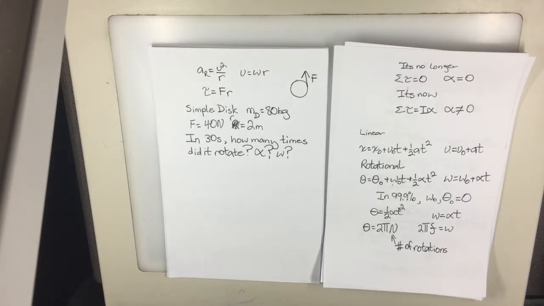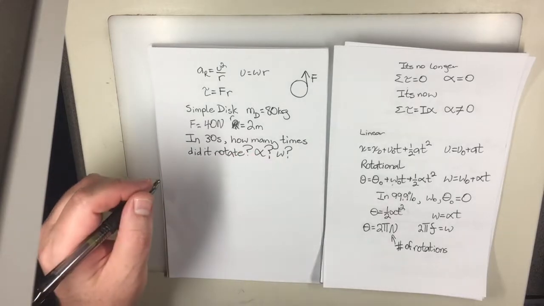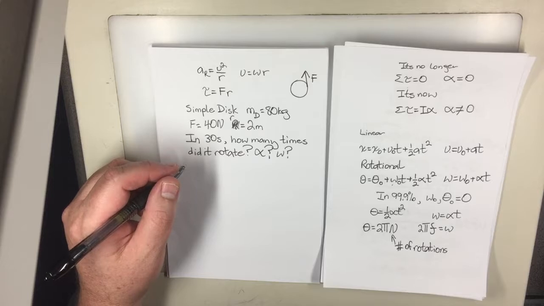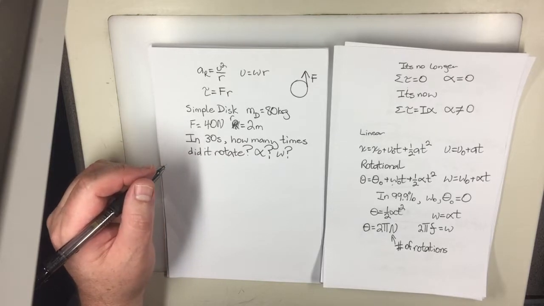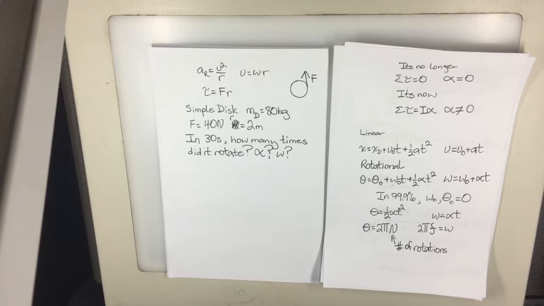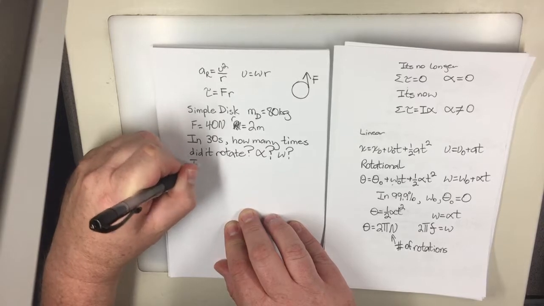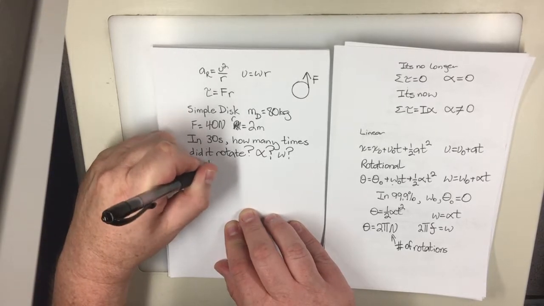Let's see, what else? Oh, we'll keep it simple like that. What's my final omega? That'll be good enough. So in a situation like this, this is the one thing I needed to say. It starts from rest.